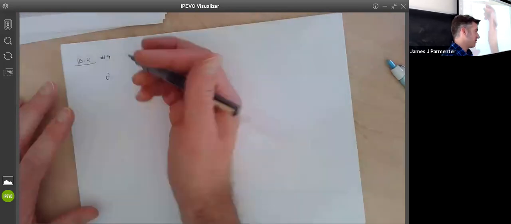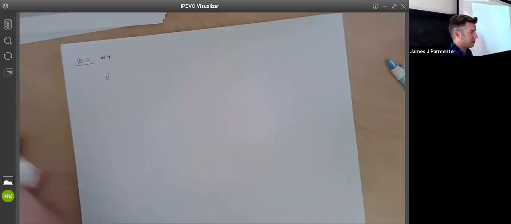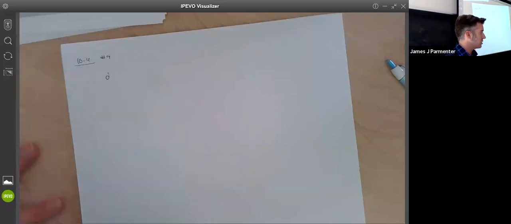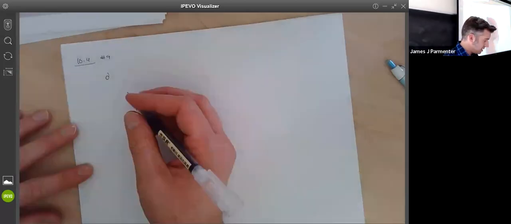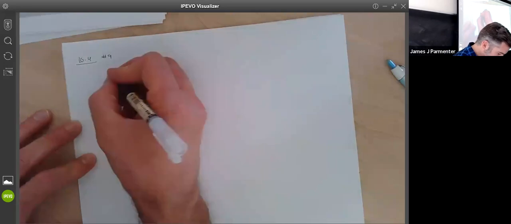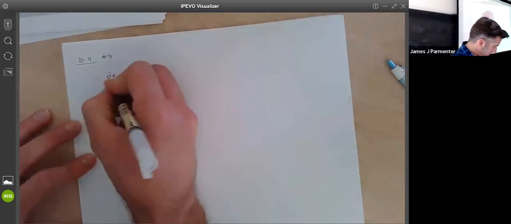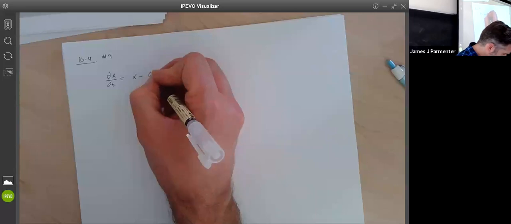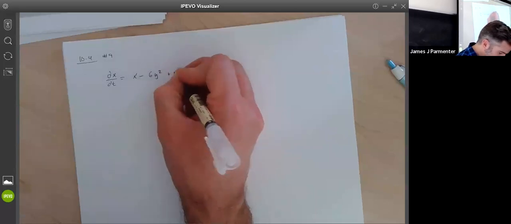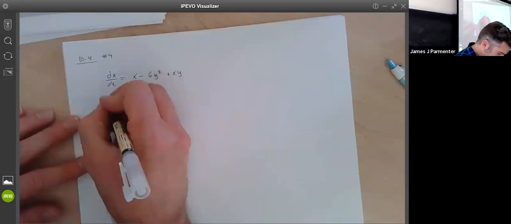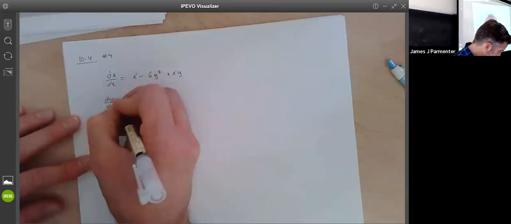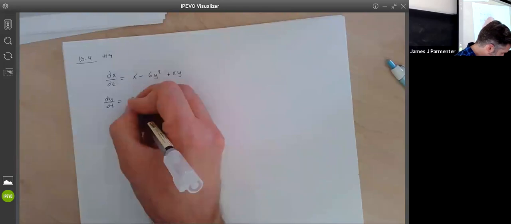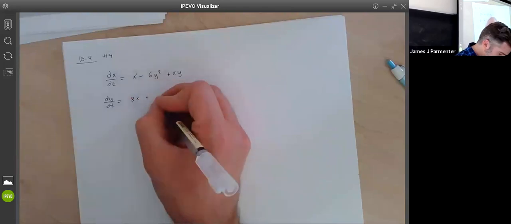I'm going to use x and y first of all. These subscripts, when you're trying to take partial derivatives, just make things harder. So instead of writing dx1 dt and dx2 dt, I'm going to say dx dt is x minus 6y squared plus xy, and dy dt is 8x plus 4xy.